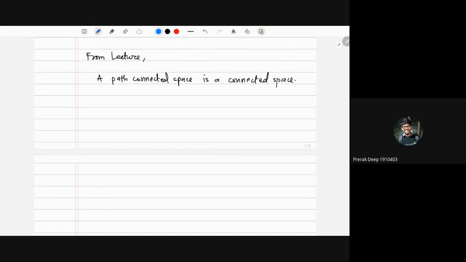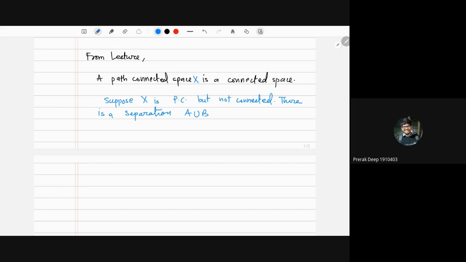So suppose X is path connected but not connected. So there is a separation, A union B equal to X, and whose intersection is empty.